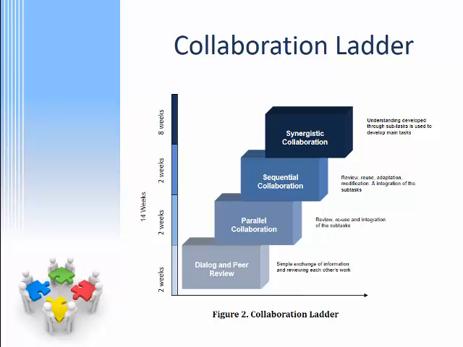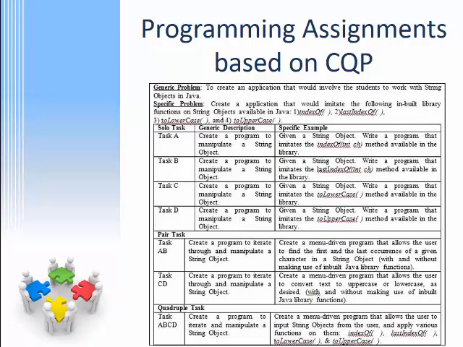The assignments are designed to motivate students to climb up the collaboration ladder, which is based on the collaborative engagements dimension. The table shows one such programming assignment that involves parallel collaboration.